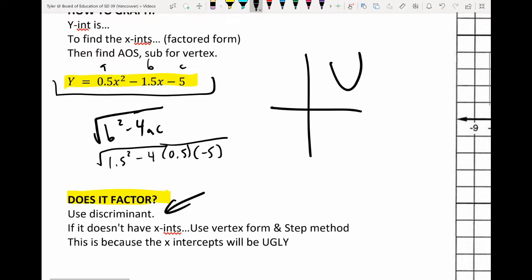Okay, so we can put the numbers in. 1.5 times 1.5, 2.25 minus 4, 10.